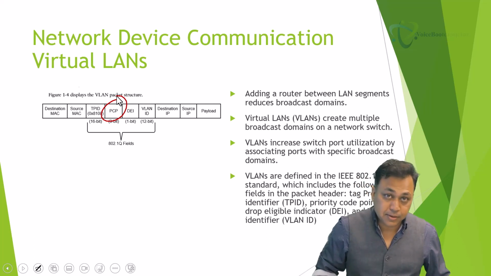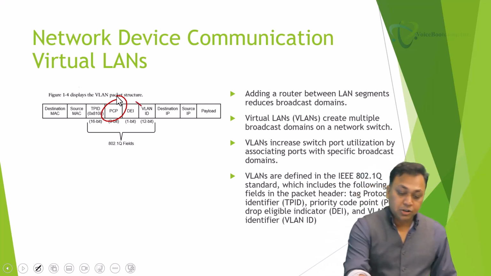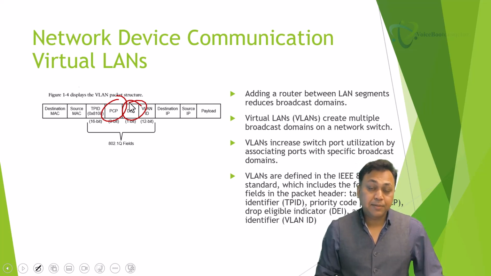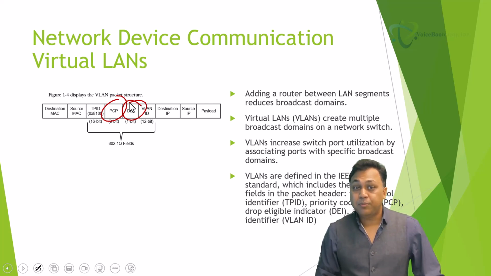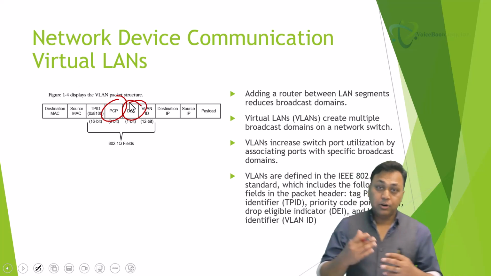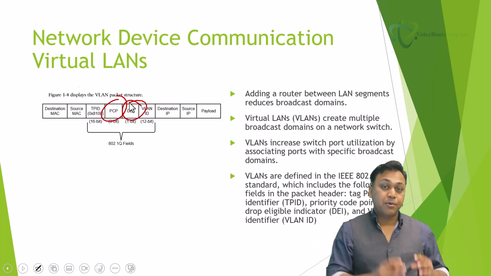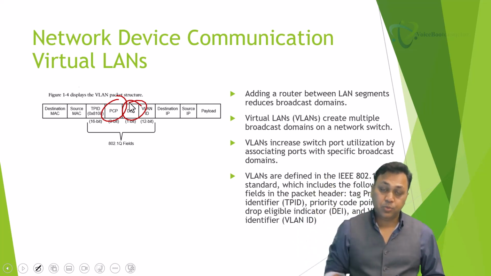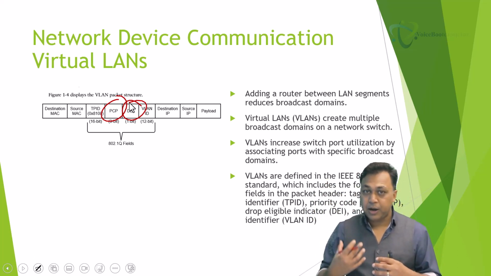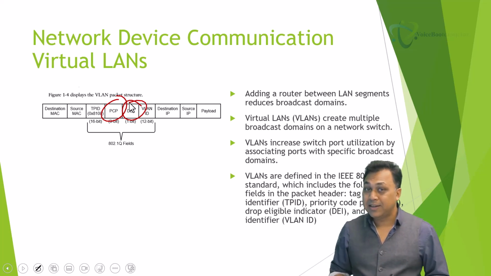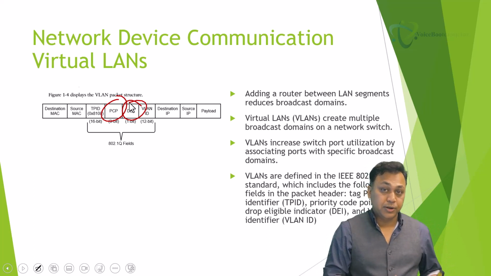Then you have something called the drop eligible indicator. It's a 1-bit field, and that bit indicates whether the packet can be dropped when there is bandwidth contention. Sometimes when a packet goes out to the network, you might say a certain type of packet should be eligible to be dropped if there is congestion. When congestion happens, you need to make sure that priority traffic is passed through first, but at some point you may have to decide to drop certain packets.